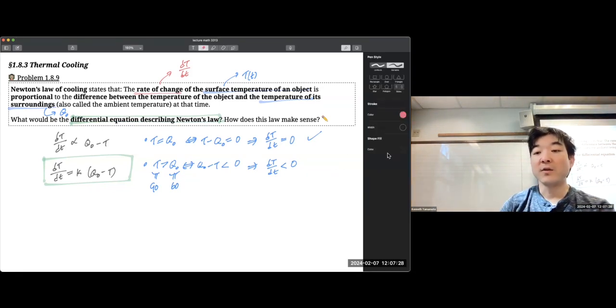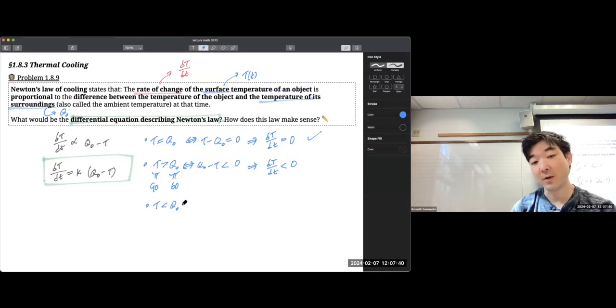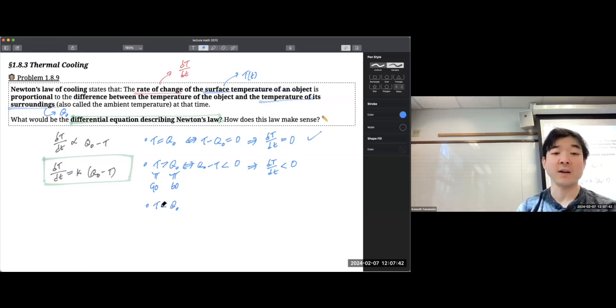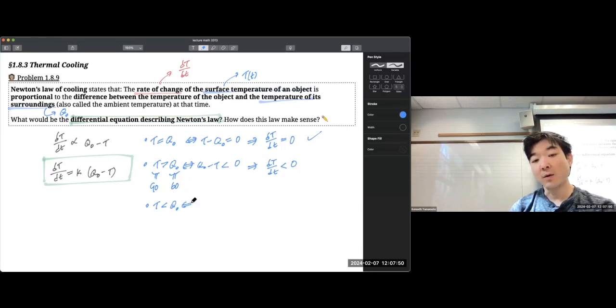So we could do the final check right here, where we said, let's look at the case where the temperature of your object is less than Q naught, which means that it's like iced coffee. Your temperature of your coffee is less than the temperature of the room, so the drink is cold.